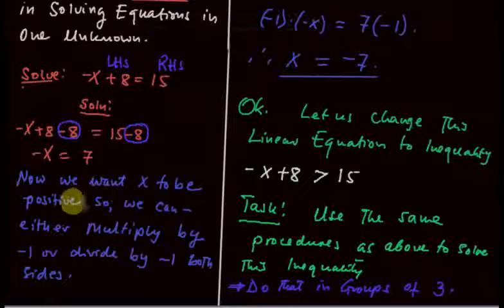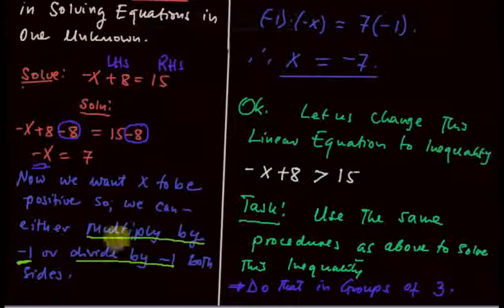Now we want our x to be positive. If we want this x here to be positive, we can either multiply by -1 or divide this by -1.